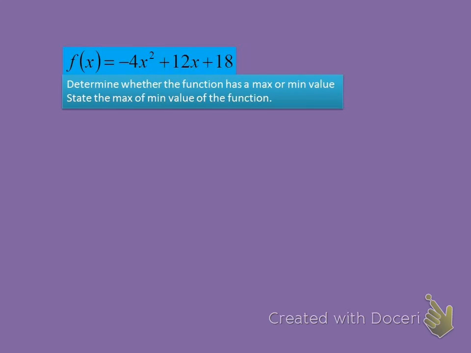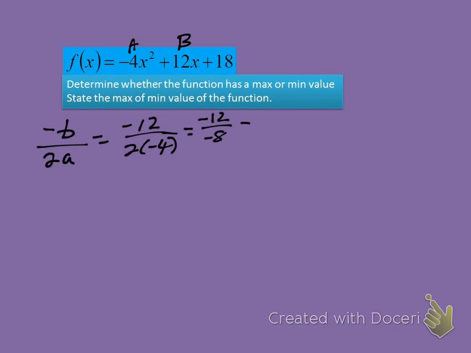All right, so all we have to do if we want to state the max or the min is find the vertex. So negative b over 2a. b is 12. A is negative 4. So we got negative 12 over 2 times negative 4, which means you have negative 12 over negative 8, which ends up being 3/2 or 1.5.